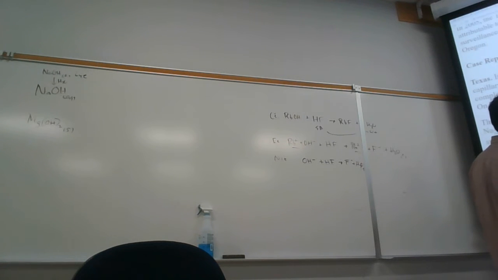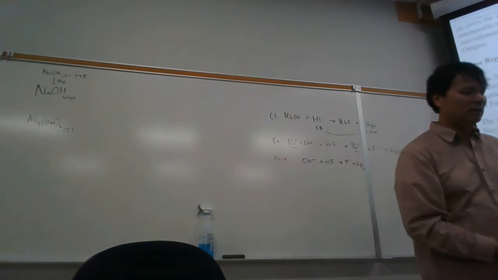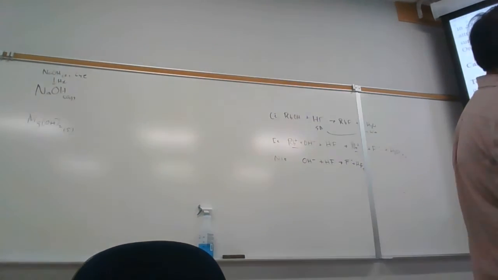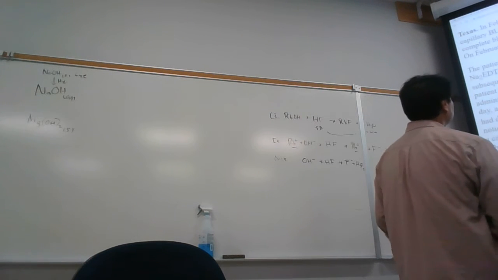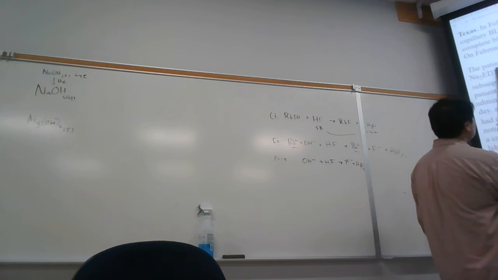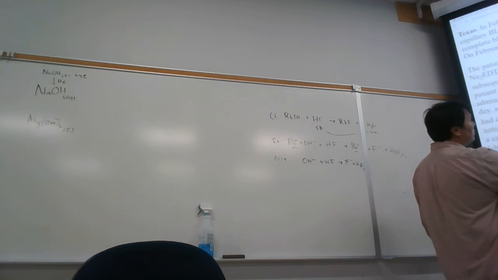On February 28, 2005, the girl was admitted to a local medical center for combined oral and intravenous chelation therapy. And so they're going to try to chelate all that lead in her blood to neutralize it. The patient's blood electrolytes at admission were within normal limits.